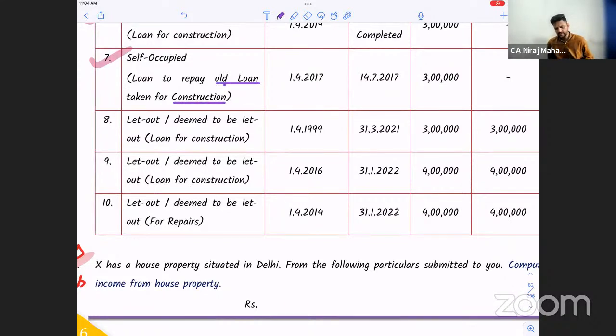Construction. So the new loan will take the same characteristics of the old loan. Understand? So the new loan will also be considered as for construction purpose. Simple. Because you've taken the second loan to repay the old loan. Old loan was for construction. So new loan will also be deemed as for construction.